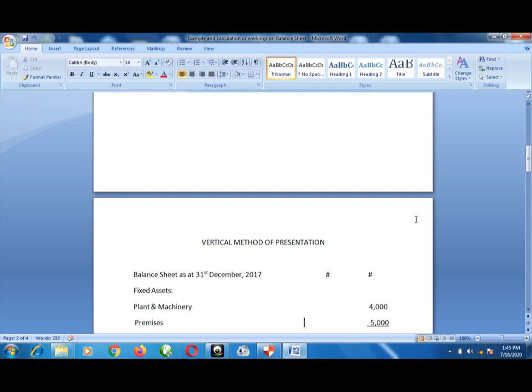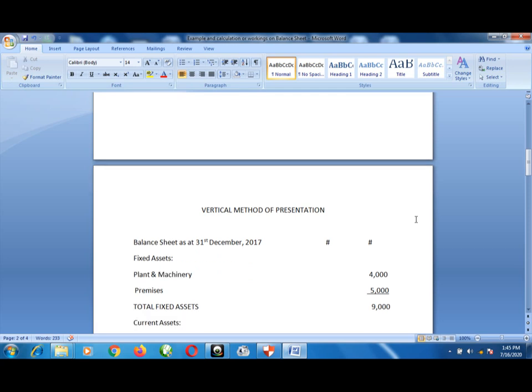Fixed assets, as I've said. Under fixed assets, you are told that these are assets that are not easily convertible into cash or into money, but have a long-time usage.